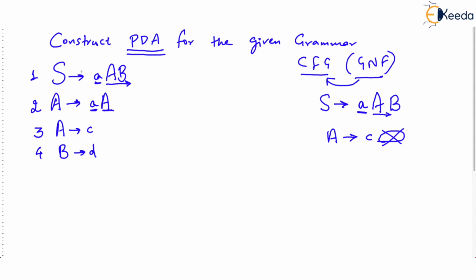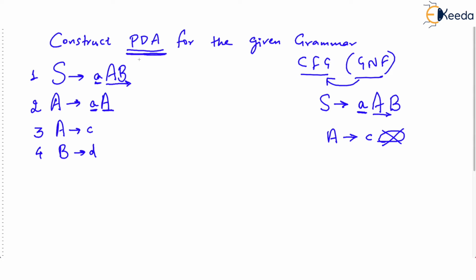All this thinking was done by the designer of the PDA, that is we. But the good part about GNF is that if GNF is given, you don't have to think about transitions. You don't have to think about states. You don't have to think about stack symbols. Everything is automatically created. Just follow these steps. How do you create a PDA?